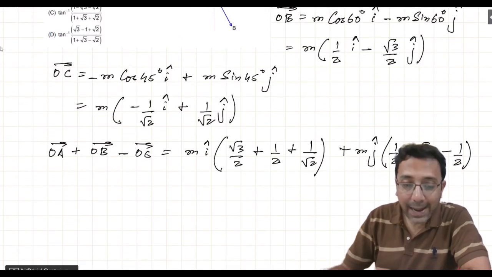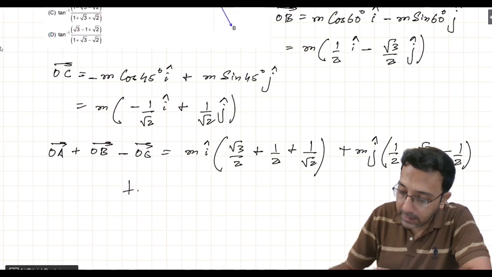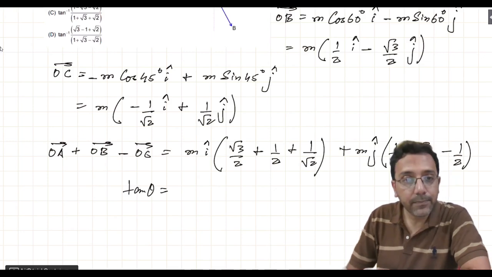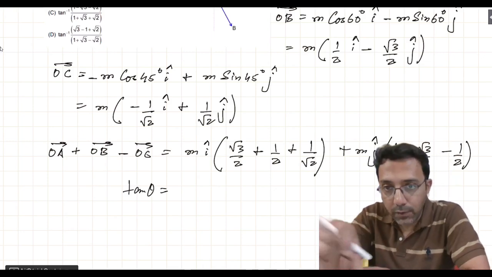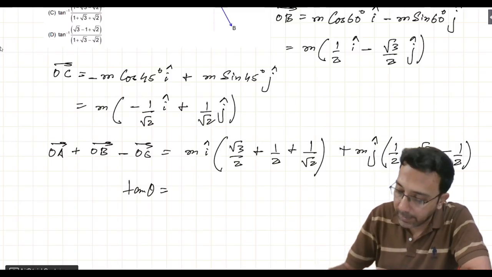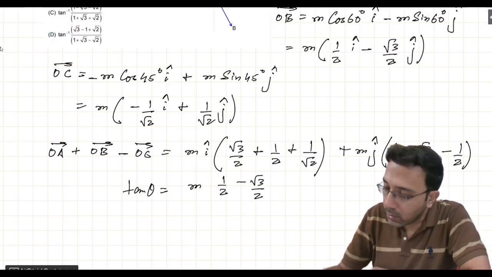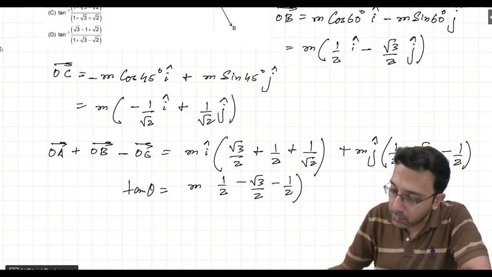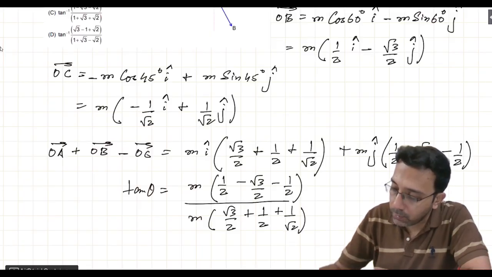I have to find the angle for this. So tan theta will be the ratio of the j quantity by the i quantity. So tan theta will be m times 1 by 2 minus root 3 by 2 minus 1 by 2, divided by m times root 3 by 2 plus 1 by 2 plus 1 by root 2.